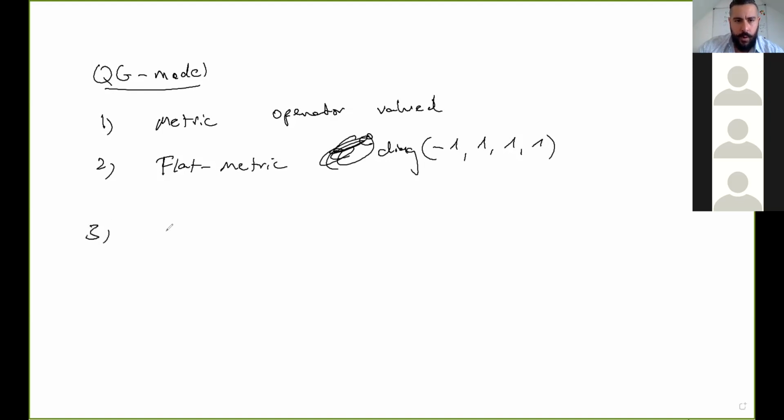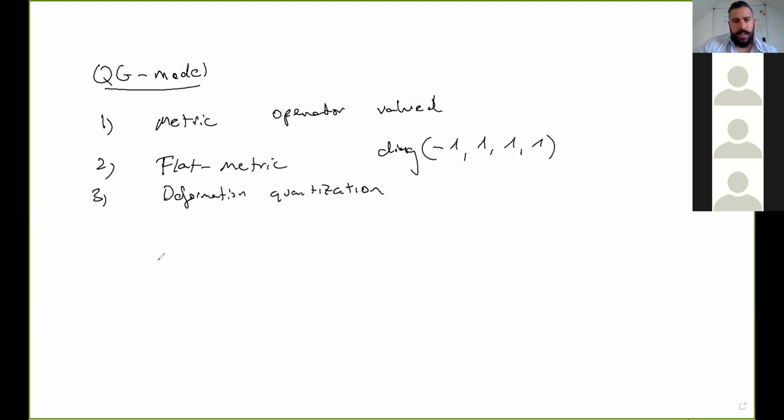And third of all, I want this model to emerge out of some deformation quantization procedure. So that is what is called emergent gravity. Okay, so these are the 3 axioms that I put myself.